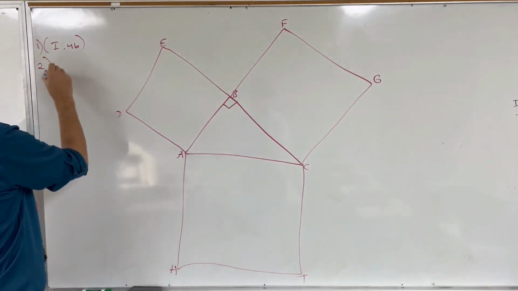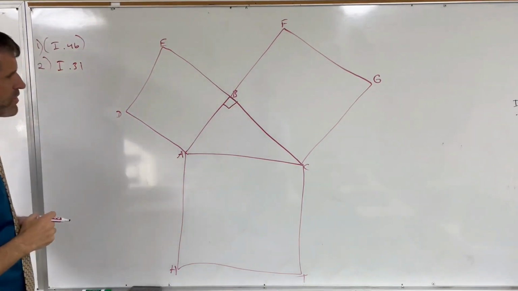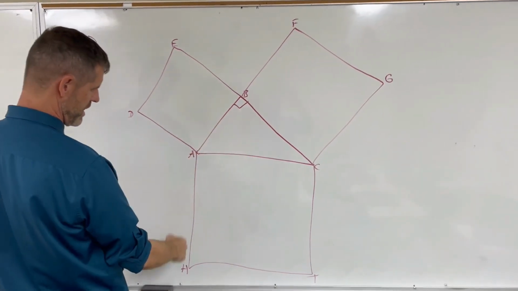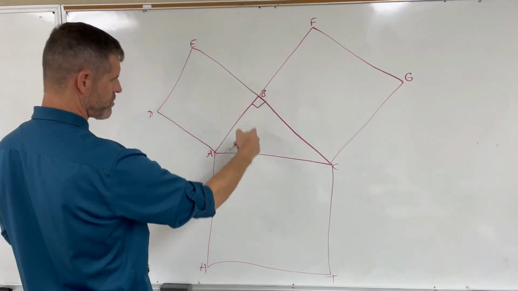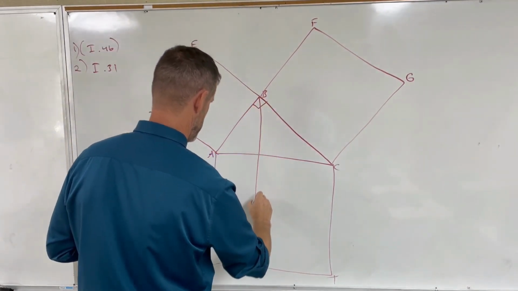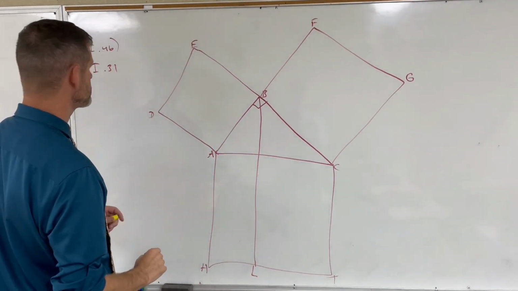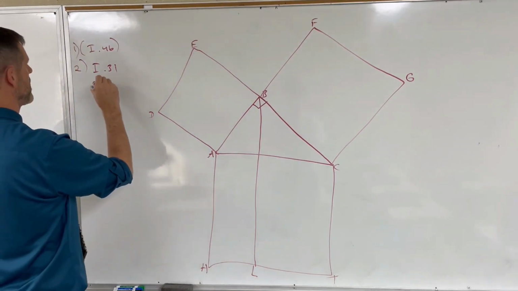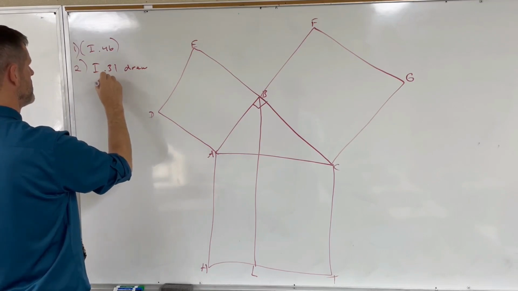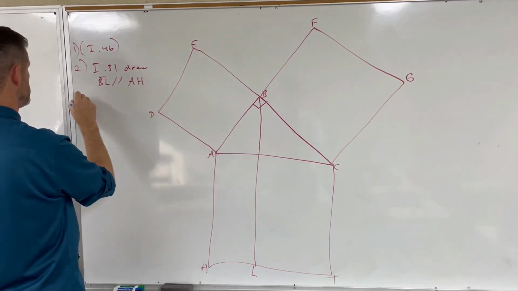So after drawing the squares, what Euclid does next is he utilizes Proposition 31 of Book 1. You start at point B, which is a point not on line AH, and through it we're going to draw a line parallel to AH, and we'll call that BL.